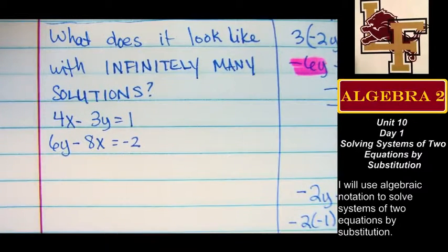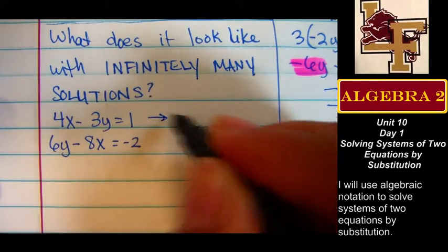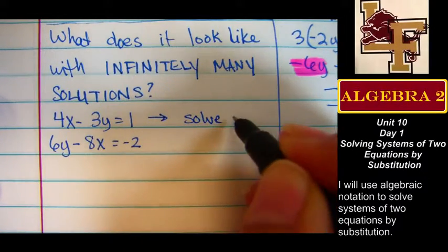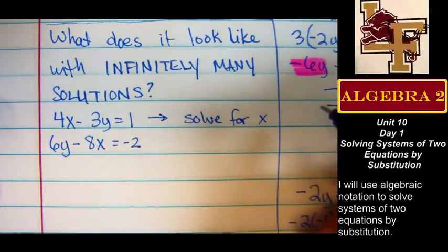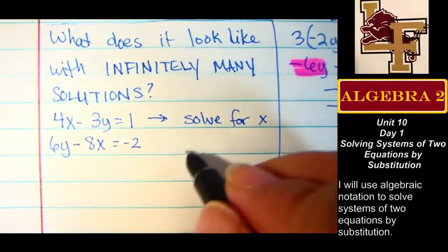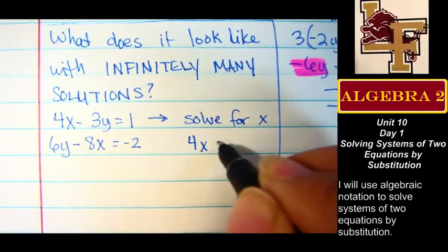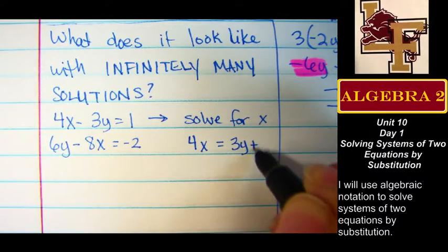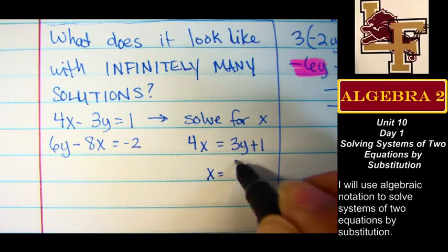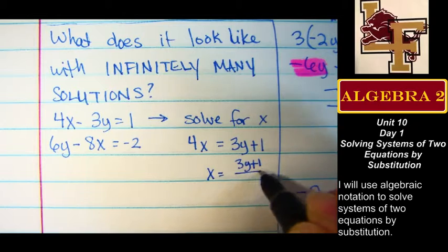So I have this. I've selected an equation to solve for a variable. I'm going to do this top one, and going to solve it for x. I added 3y to both sides. I divided everything by 4.